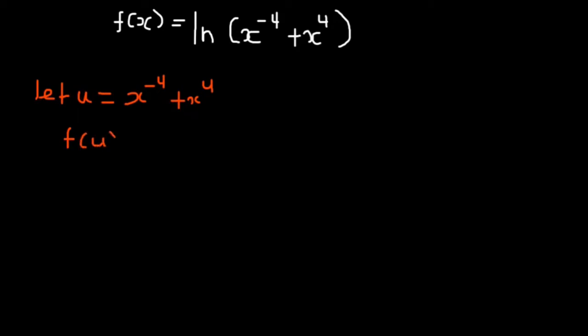It is now expressed in u, because it is the natural log of what? u. So what you are going to do is find the natural log of u, and that will give us the derivative of this expression. So what is the derivative of the natural log of a number?